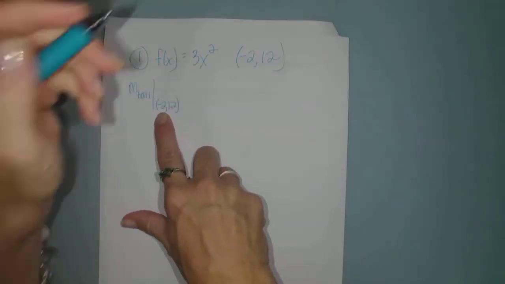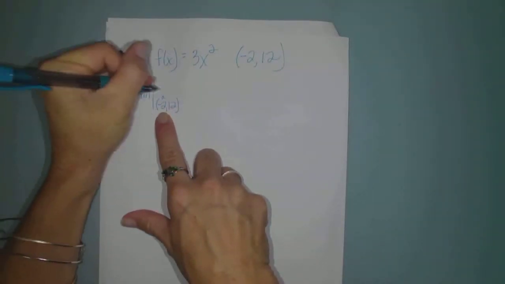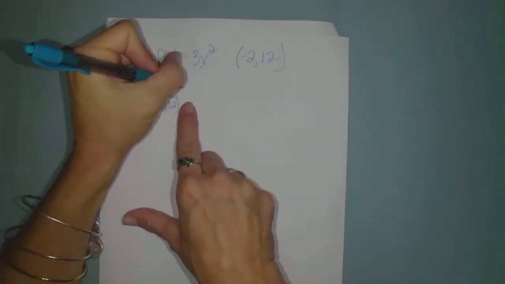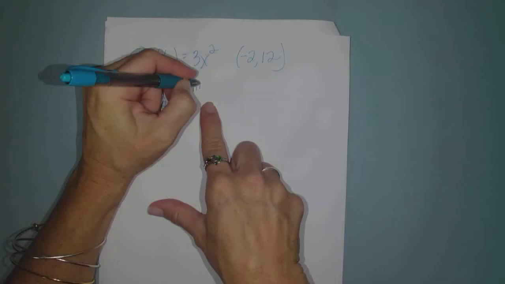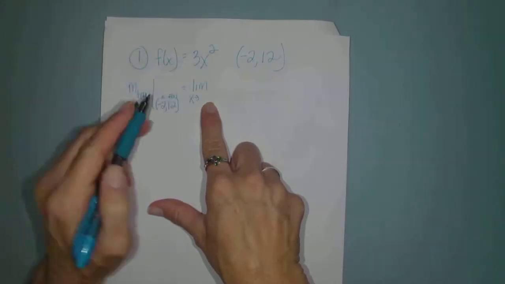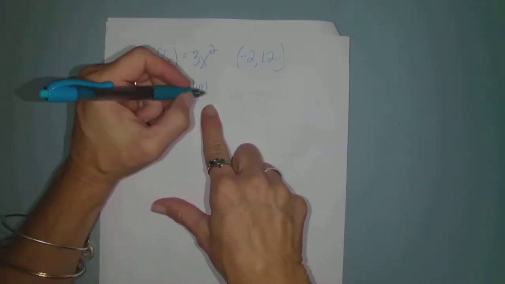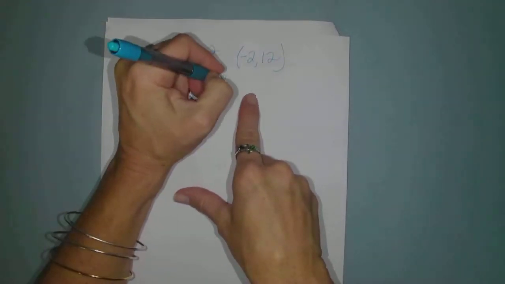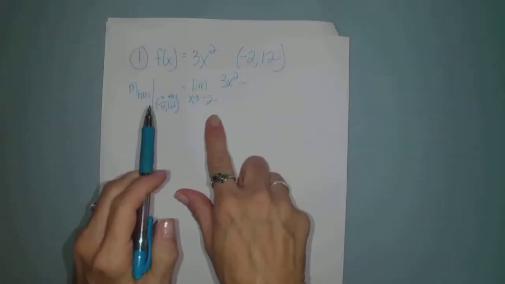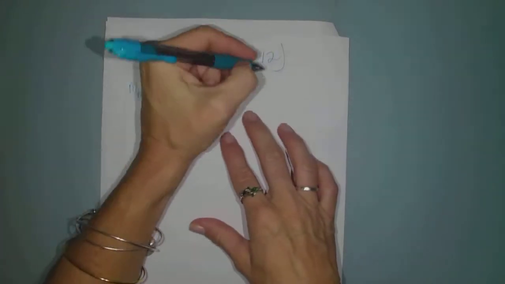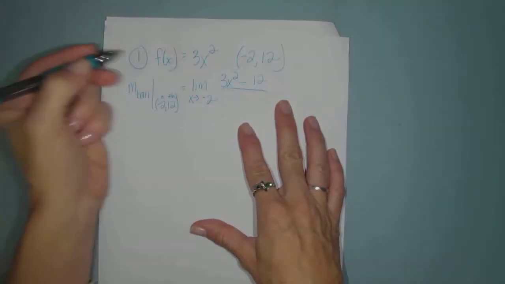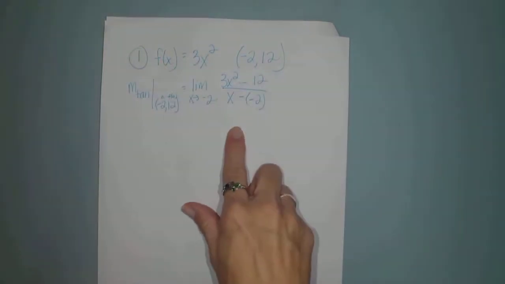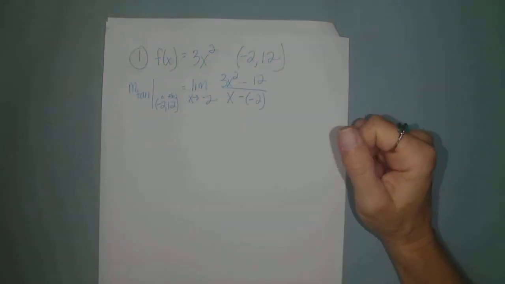So here's my A. You can even write that A, f prime of A is equal to the limit as x approaches A, which is -2, of f of x, so 3x squared, minus f of A, which is 12, all over x minus A. Watch out for that double negative there.